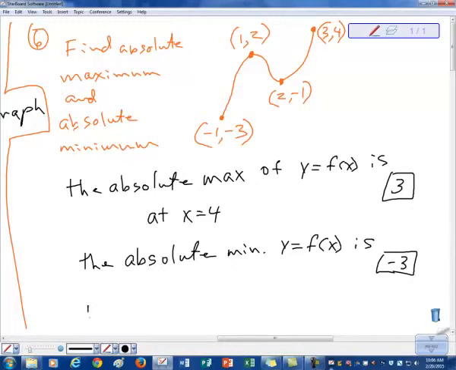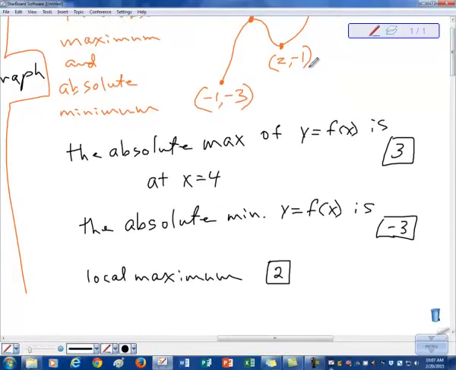Now how about the local maximum? Local maximum is where the curve comes up, reaches a peak, and then comes back down. So local maximum is different than absolute maximum. The local maximum you should have said 2 at x equals 1.